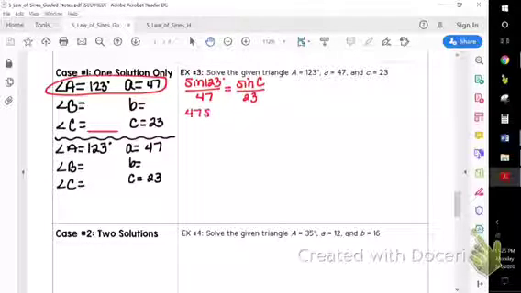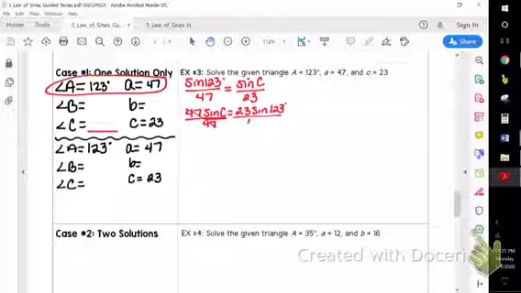So 47 times sine of angle C equals 23 times sine of 123 degrees. We're looking for C, but right now the sine of C is together, so we're going to divide by the 47. And so we got sine C is equal to all of this here.